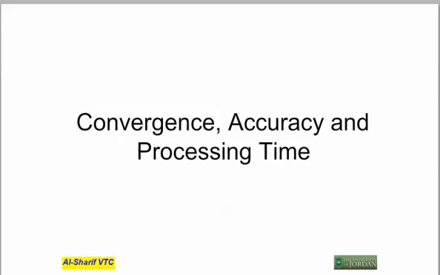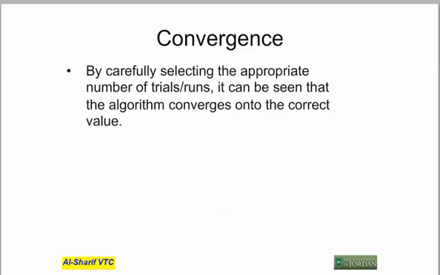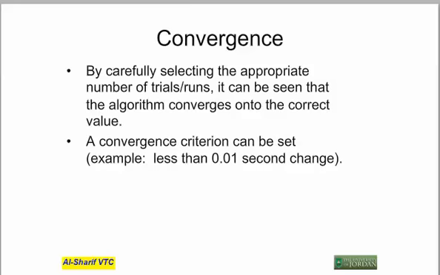One of the important issues in Monte Carlo simulation is how fast it converges, and convergence is important because it tells us how many scenarios, how many trials I need to run in order to get to the correct value of the round trip time. But how long does that take me as well in processing time on a PC or a laptop? We need to select a suitable number of trials so that we converge to the correct value, but it doesn't take us very long to get to that convergence.